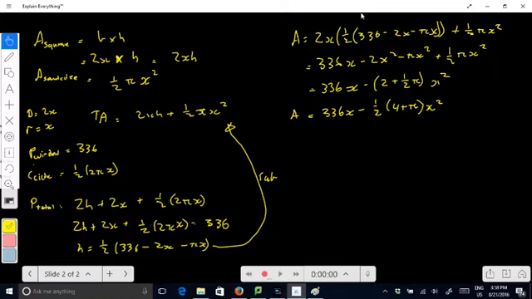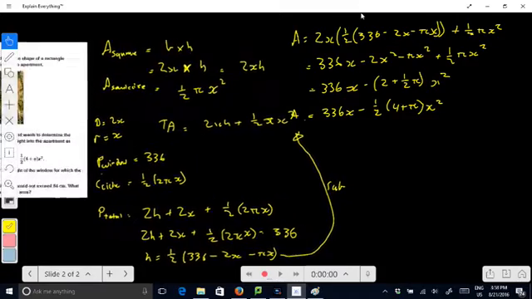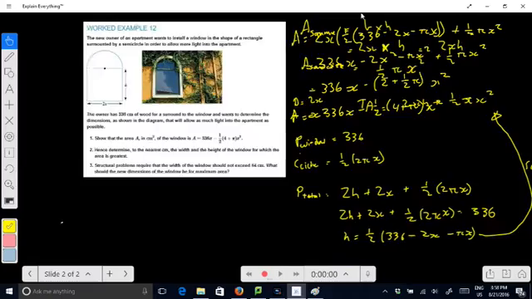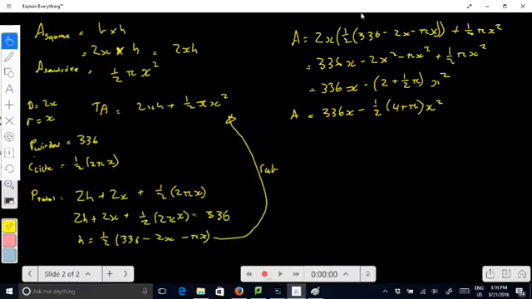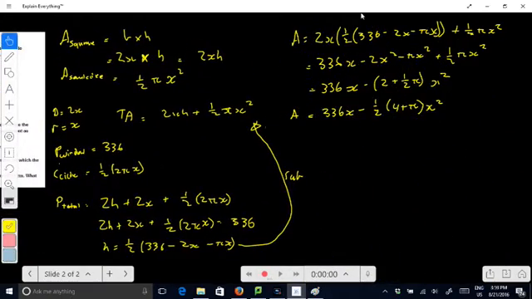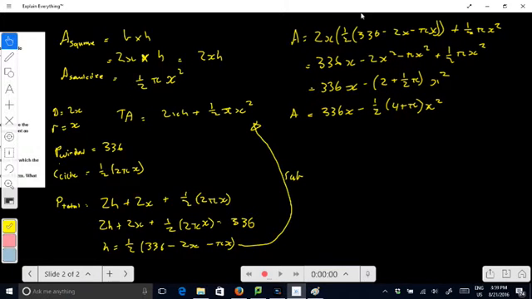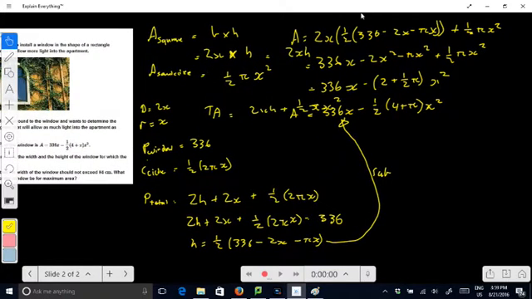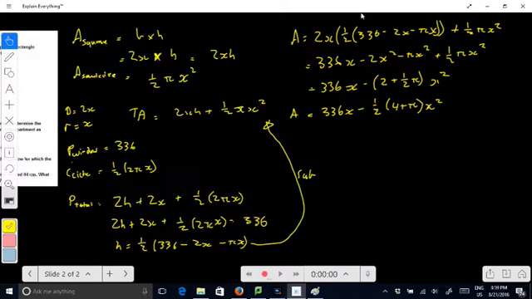You might want to have a go at doing that yourself. It's just expanding and simplifying. I'm not going to go through the exact steps of all that. If you have a look, we get 336 take a half of 4 plus pi x squared, which is what we want.